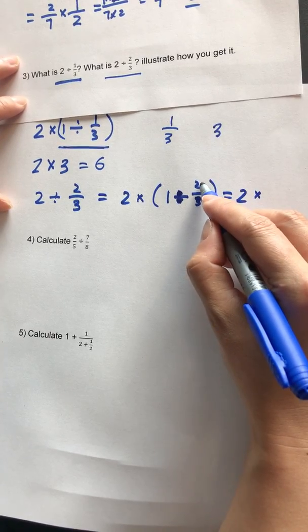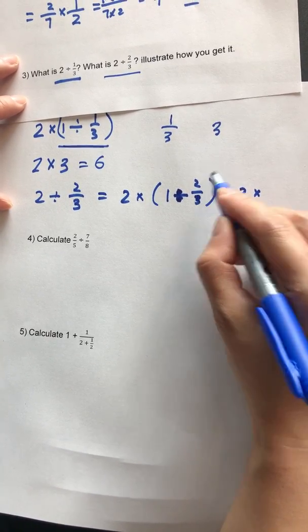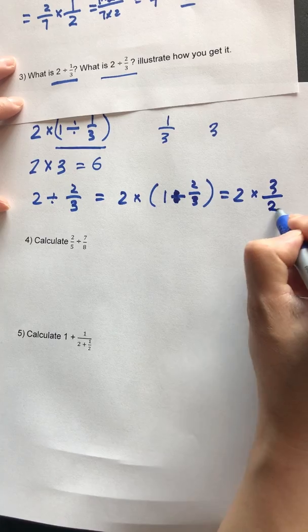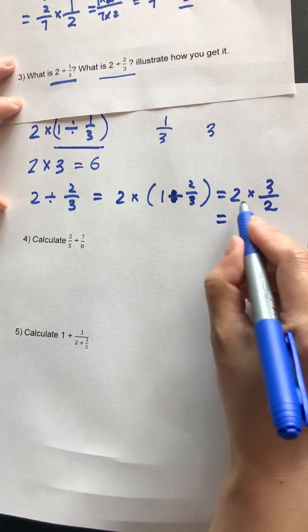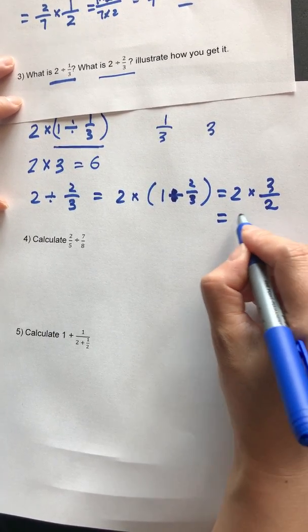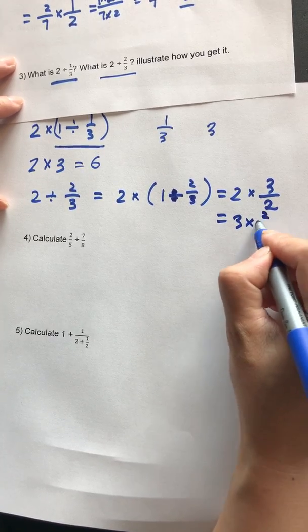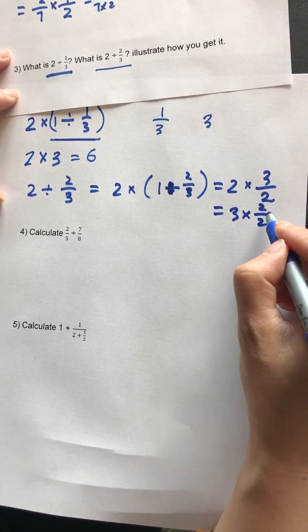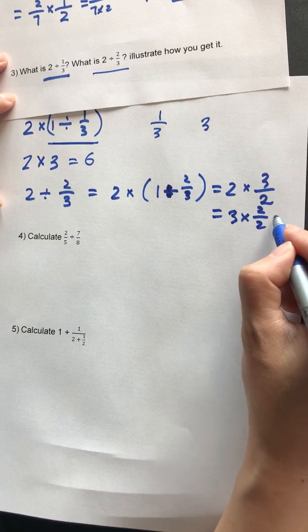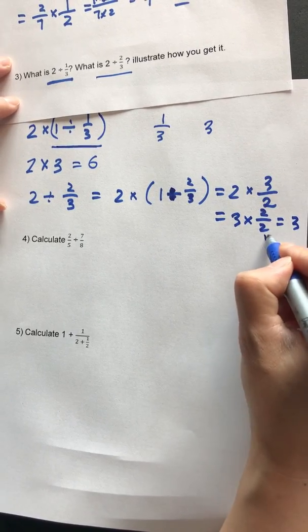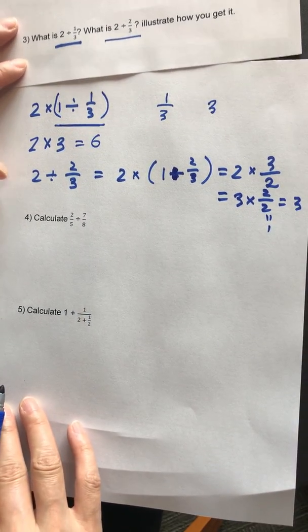So you swap numerator and denominator. In this case, you can rearrange this as 3 multiplied by 2 over 2. Remember, this is one of our properties: 2 over 2 is 1. So the final answer is 3.